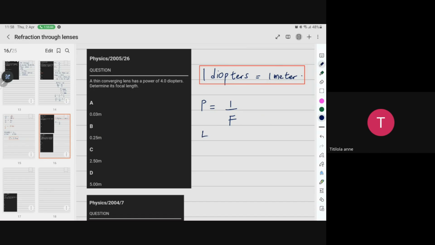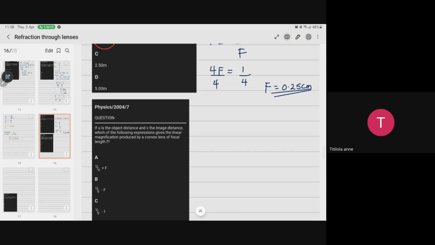So now P is equal to 4, equal to 1 over F. So 4F is equal to 1. Divide both sides by 4. So F is equal to what? 0.25. So well done, guys. Very correct. The answer is very easy, and you're not the only one that answered it as well.